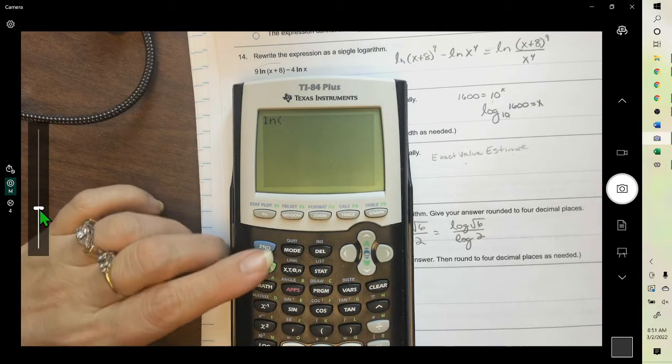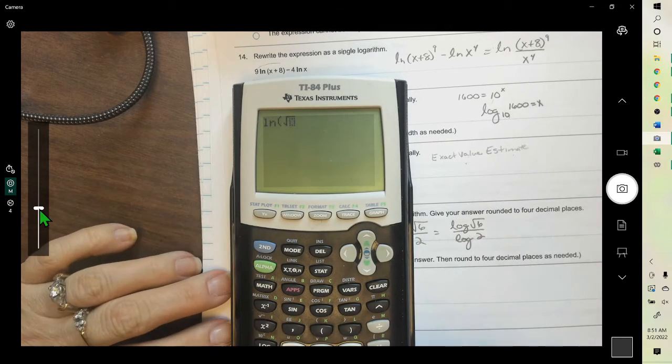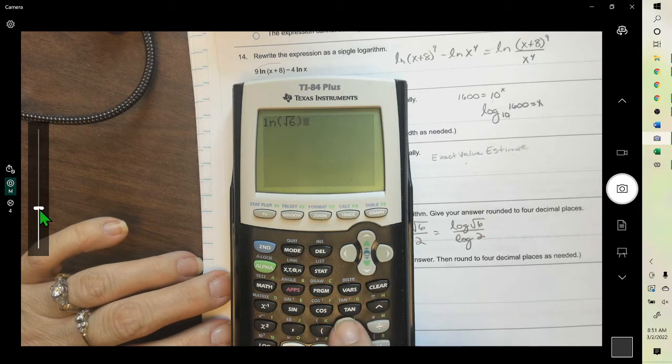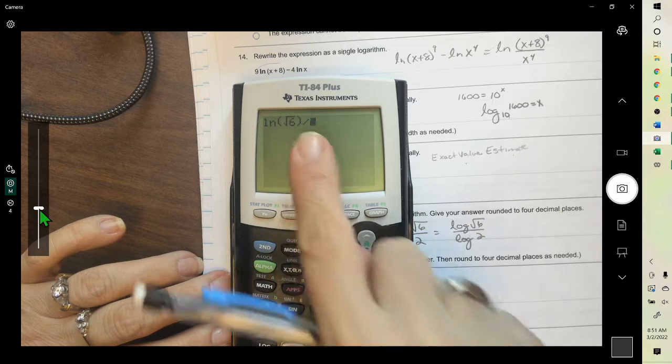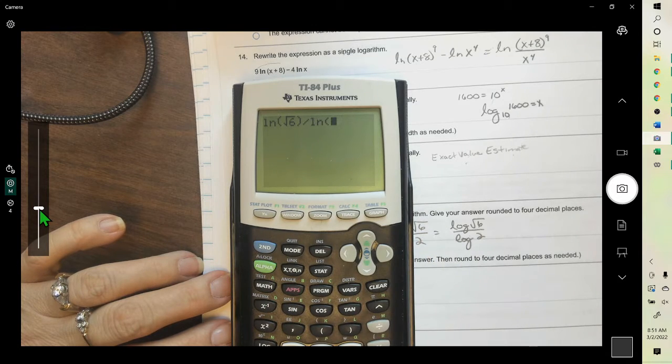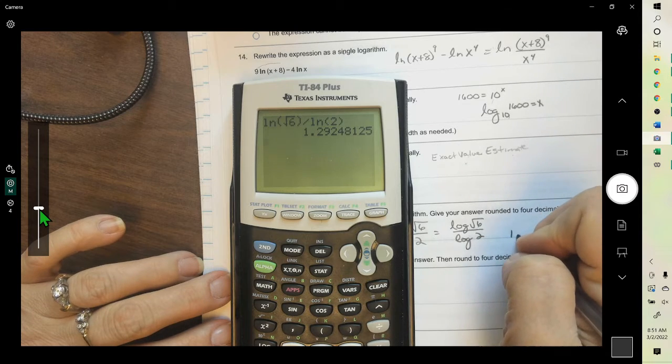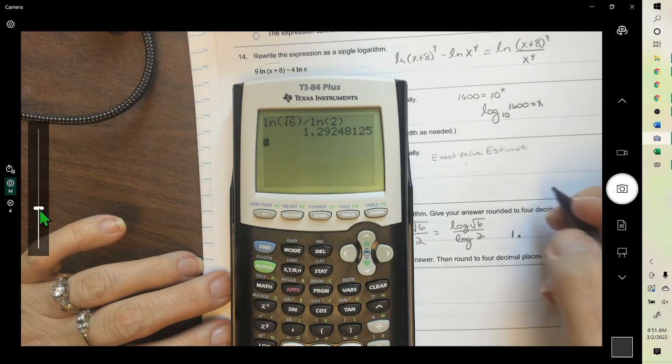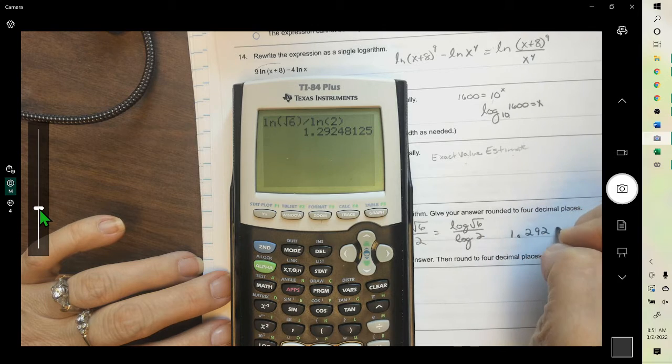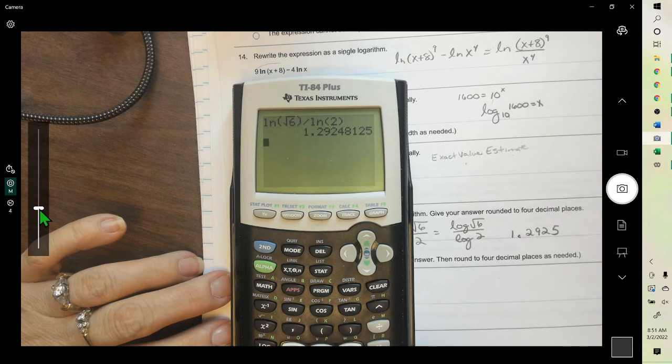So natural log square root of 6 divided by, make sure you close your parenthesis, natural log 2. 1.2925. And if we use log square root of 6 divided by log 2, same answer.